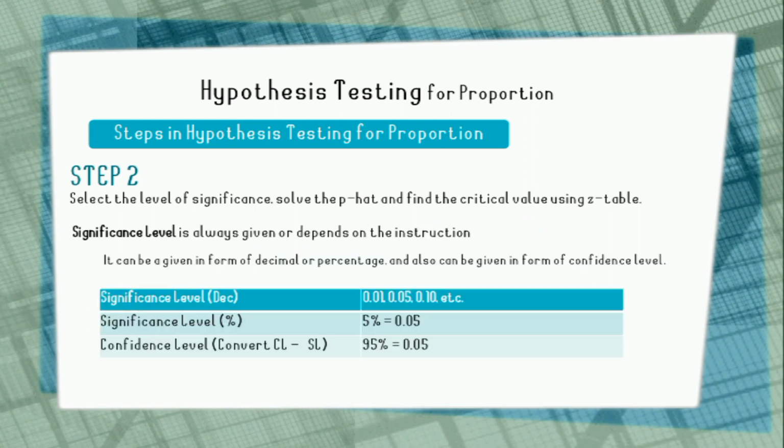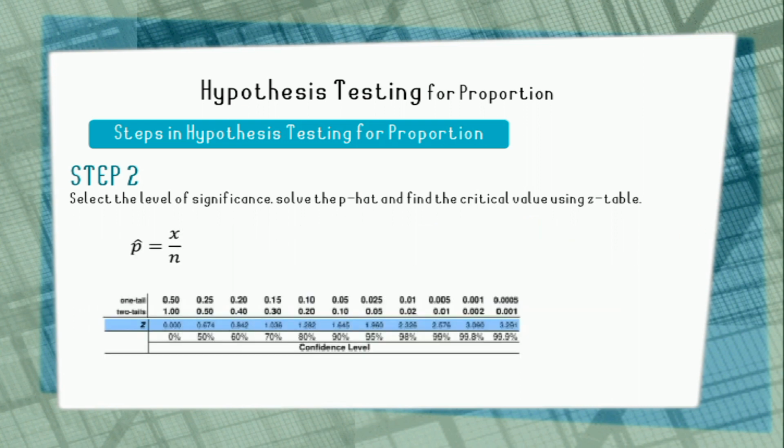Kasi kailangan nating malaman yan. Kasi tingnan nyo, itong 0.05 na nandito sa one-tailed test, nandito siya banda, diba? Kapag two-tailed test naman, nandito yung 0.05 niya. So, paano kayo makakasiguro kung tama yung makukuha yung critical value?